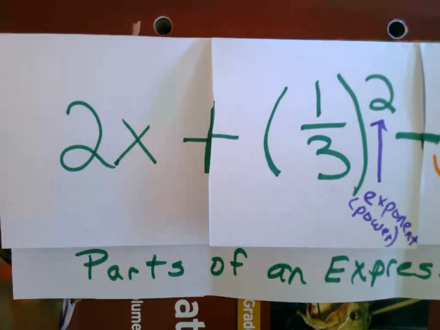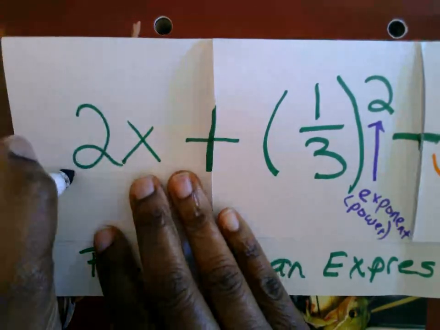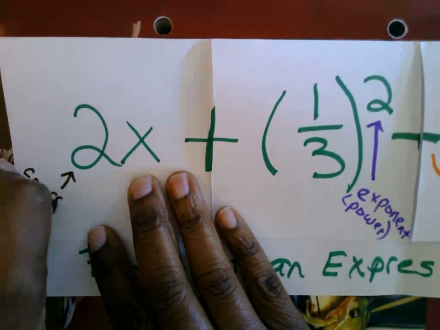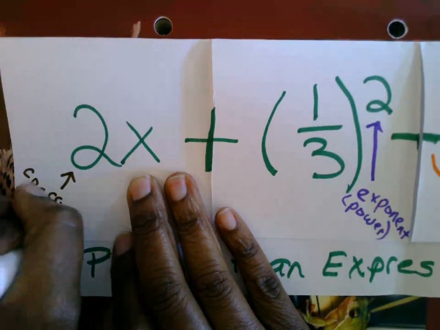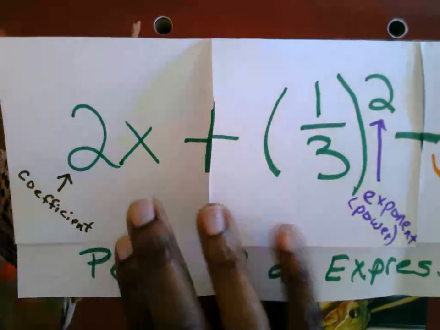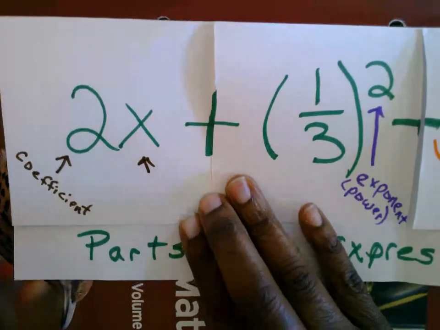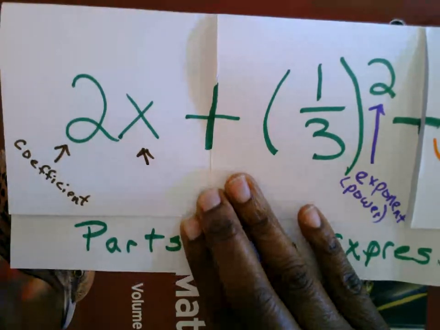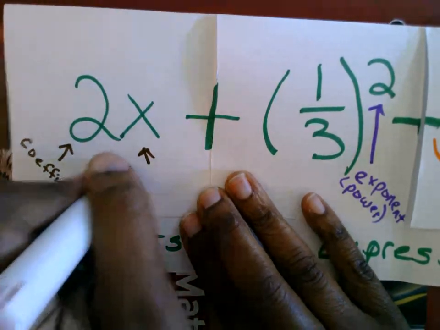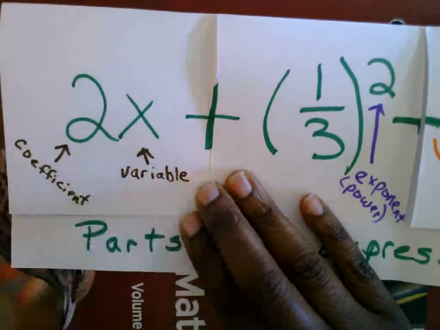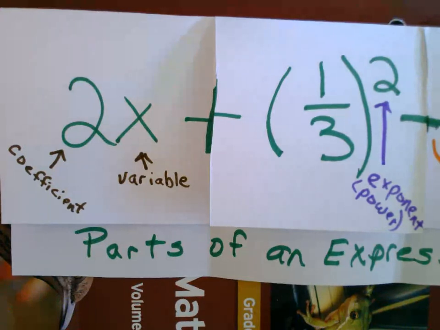Now, if we go over to the first flap, the 2 that's in the front is called a coefficient. And what is the x called? Yes, it is called a variable. Both of these are not variables.